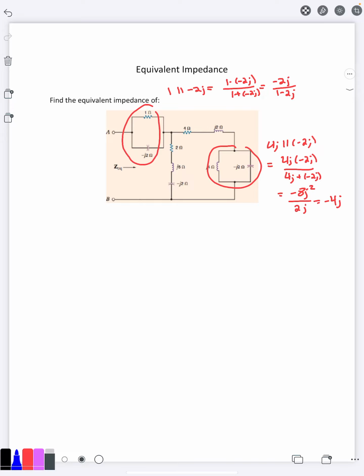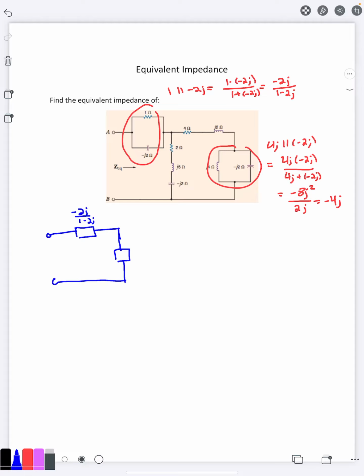So we can now redraw our circuit here. This first one, again, is minus 2j over 1 minus 2j. I didn't do anything down here. Actually, you know what, I might as well take the time, since these are all in series, to go ahead and combine them. Makes my life a little bit easier.